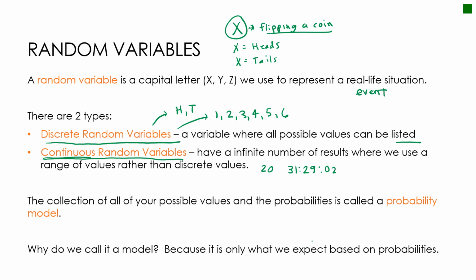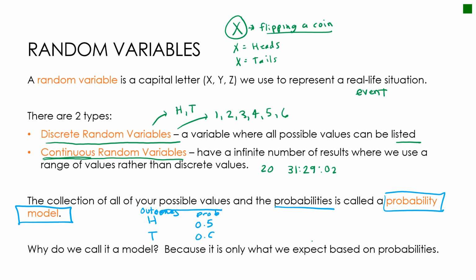But what we're looking to do right now is to come up with a probability model. And you will have a question like this on your assessment. The probability model is the list of all of the possible values and their probabilities. So if I wanted a probability model for flipping a coin, that's an easy one, then my outcomes would be heads and tails, and my probabilities would be 0.5 and 0.5.